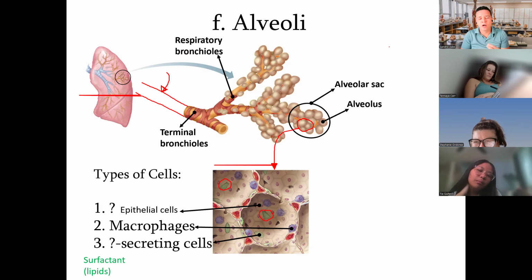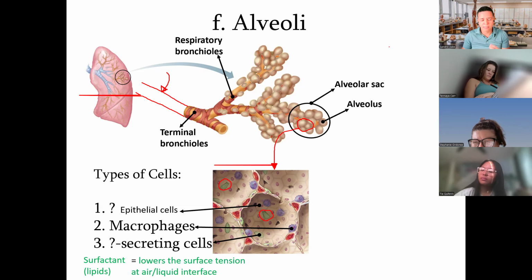What is the function of this fluid, guys? And I will ask you questions about this in the exam. Surfactant lowers the surface tension of water to allow the exchange of gas to happen between the alveoli and the capillaries of the lungs, right here.